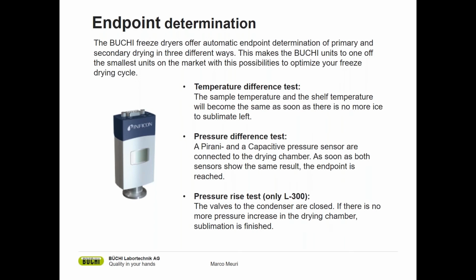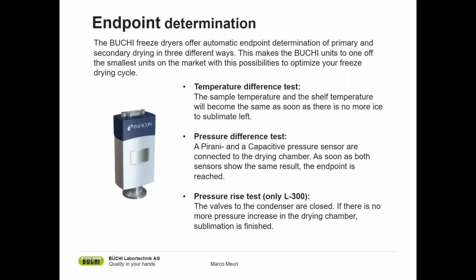With vials and shelves, this is a bit more difficult, and you cannot so simply just see if the sample is dry or not. So what we offer is three methods to test the endpoint during the process and determine the endpoint automatically in the machine.